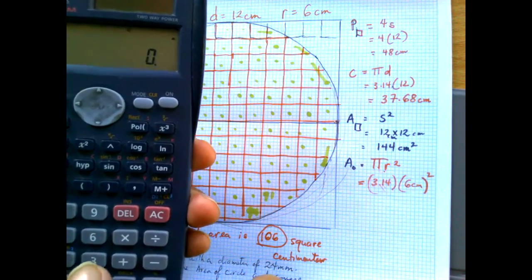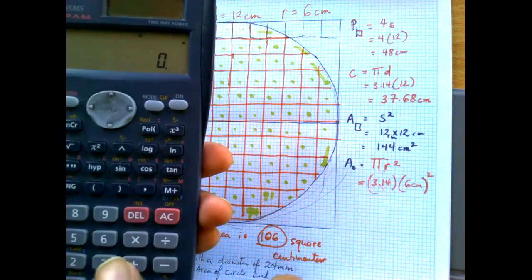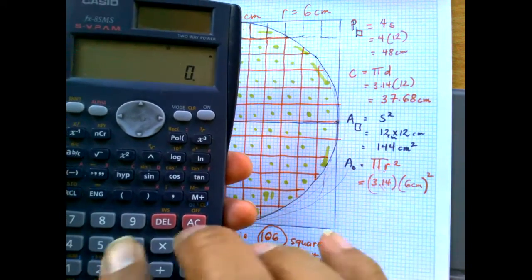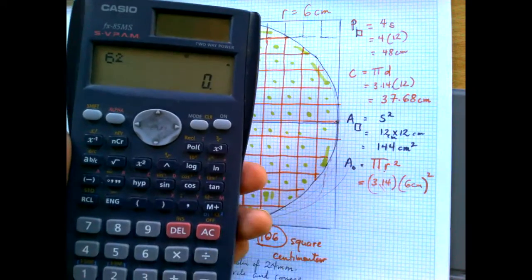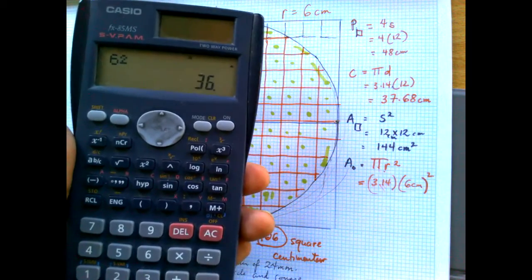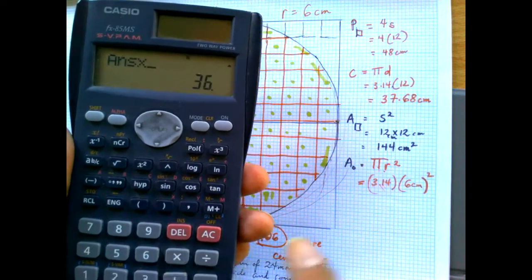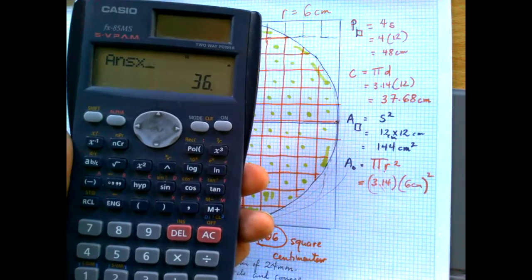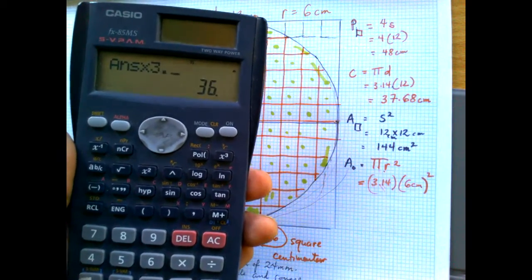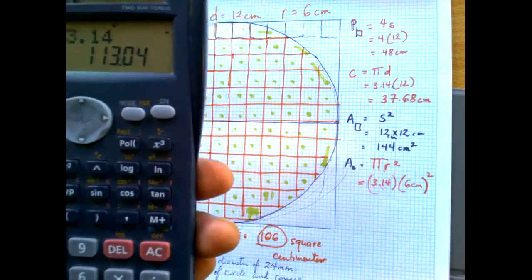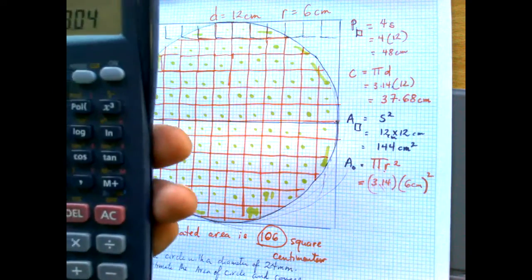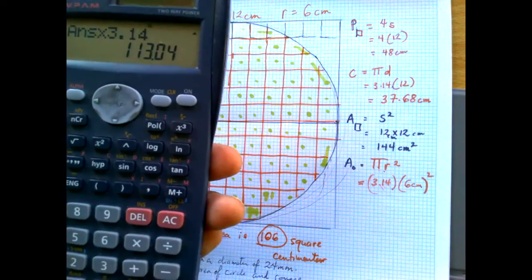The radius is 6 centimeters squared, so we get 36 multiplied by the value of pi, which is 3.14. And your answer is 113.04.